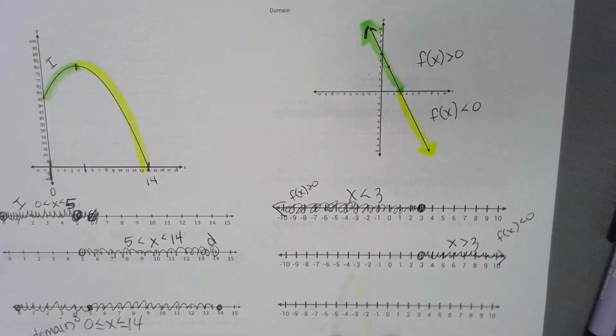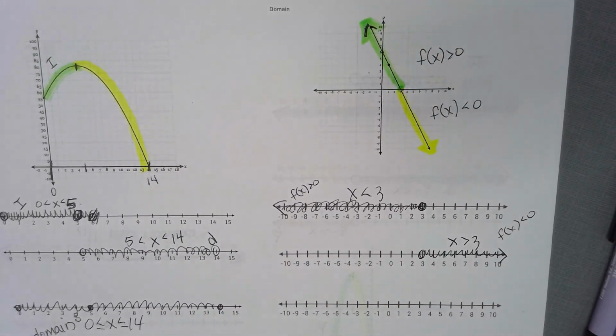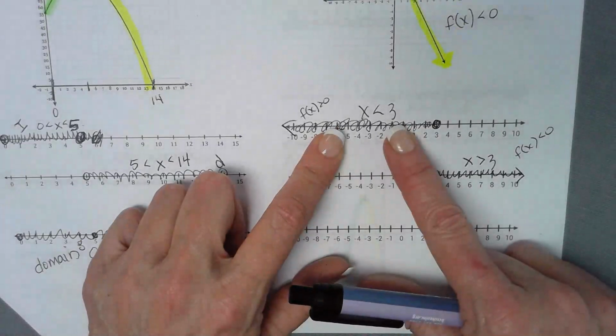So again, the whole idea I'm trying to get to is, for domain, this part of the graph are these x values. This part of the graph are these x values. If I want all the x values, I put both of them on one number line. So let's put them both on one number line. I'm going to put this on the number line.